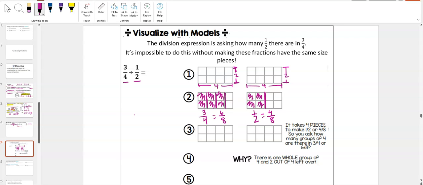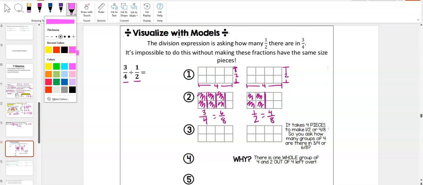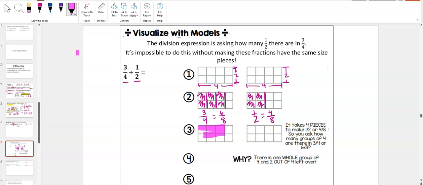Okay, so now we're going to start our grouping. We're going to figure out how many we need. I'm going to use my highlighter and color the same way it is up there, but without the division. So here's our 6/8, and here's our 4/8.